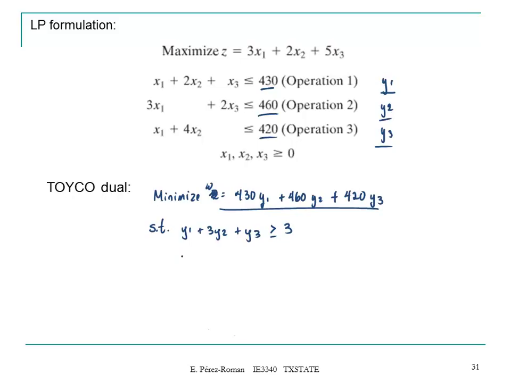Then we have 2y1 plus 4y3 greater or equal to 2, and y1 plus 2y2 greater or equal to 5. y1, y2, and y3 greater or equal to 0.